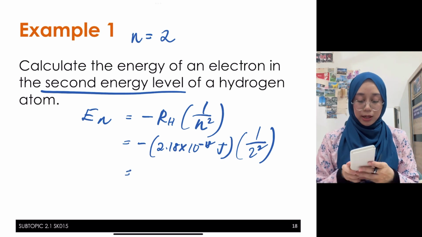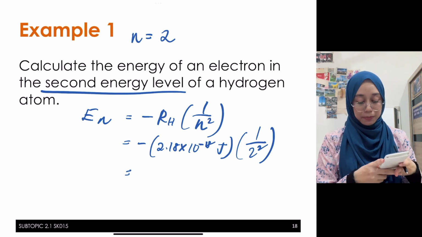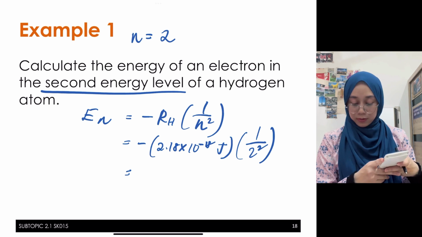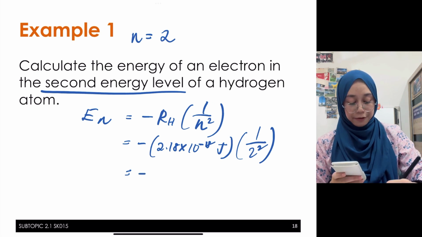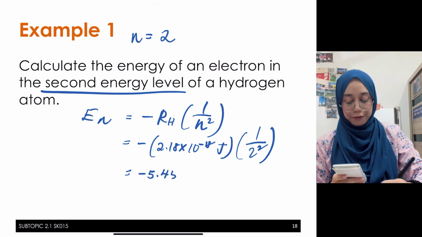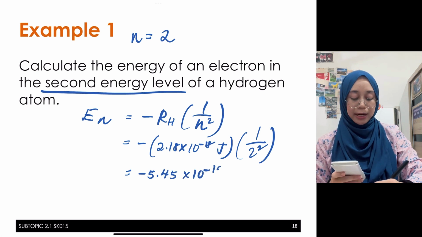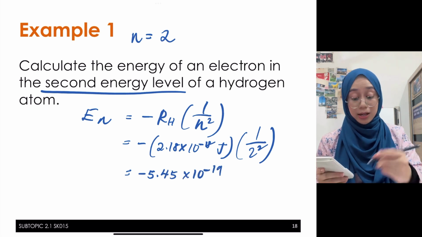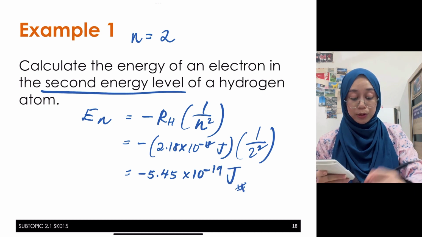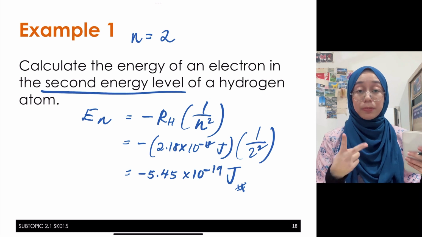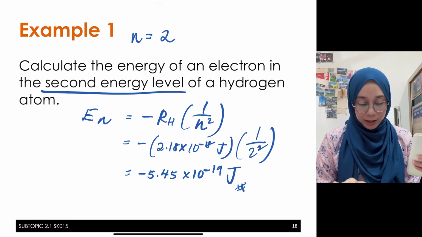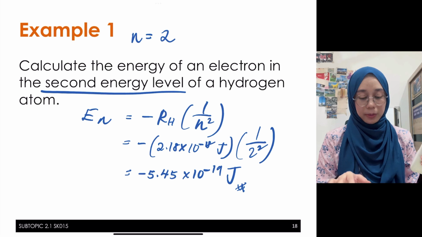So kalau kamu calculatekan dia, kita akan dapat negative 5.45 exponent negative 19 energy. So unit dia adalah joule. Usually bila exponent macam ni kita just leave our answer 2 decimal places. Okay, and then this one example 1, kita pergi kepada example 2.